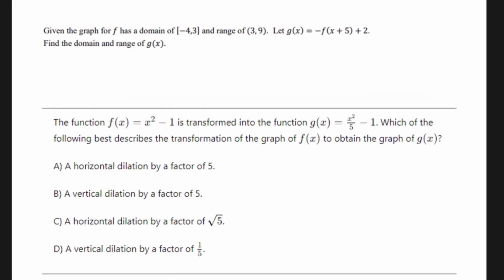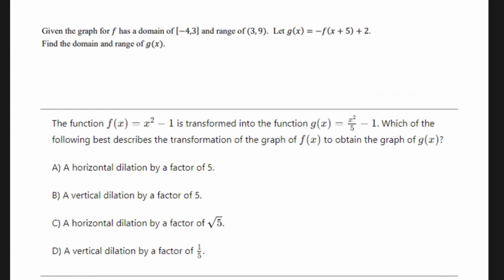Give me the graph for f, which has a domain of negative 4, 3, and a range of 3, 9. Let g of x equal f of negative... Find the domain and range. All right. So what we have here is a horizontal shift.